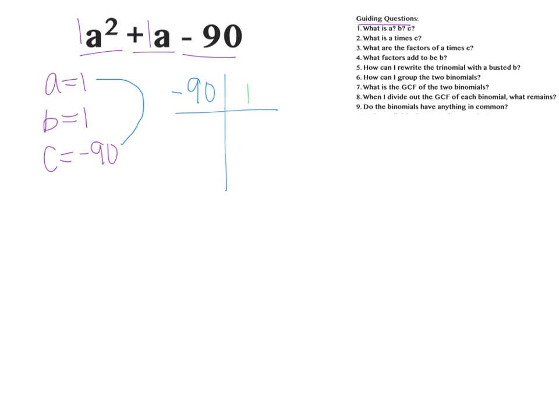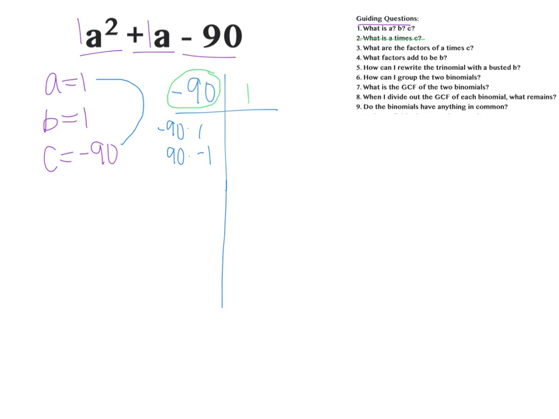So what I'm looking for is the factors of a times c. What are all the ways that I can multiply numbers together and get negative 90? I could have negative 90 times 1. I could also have positive 90 times negative 1.